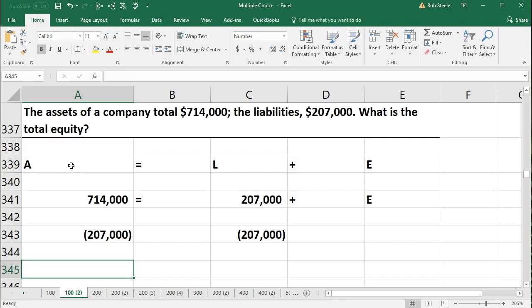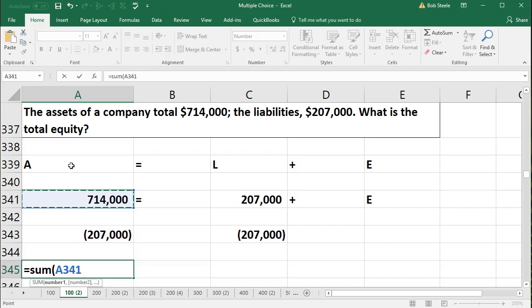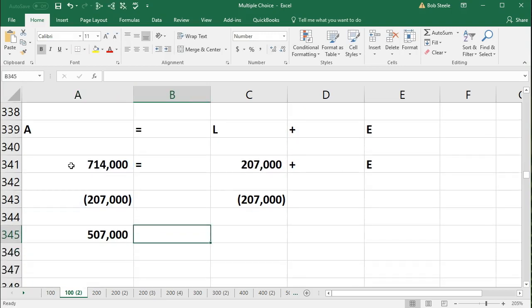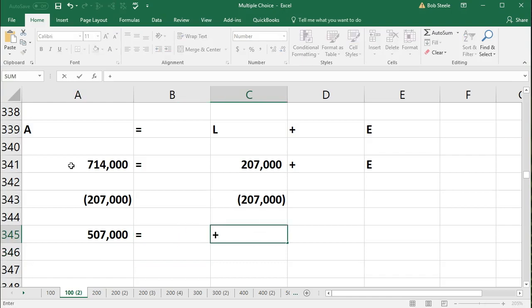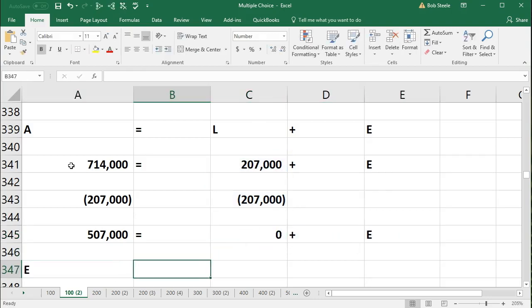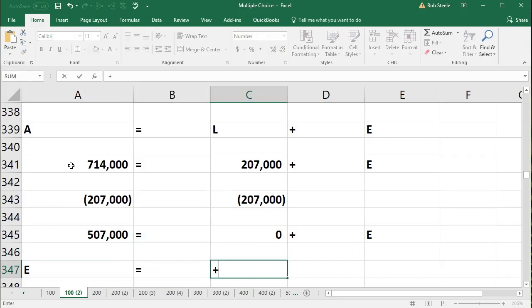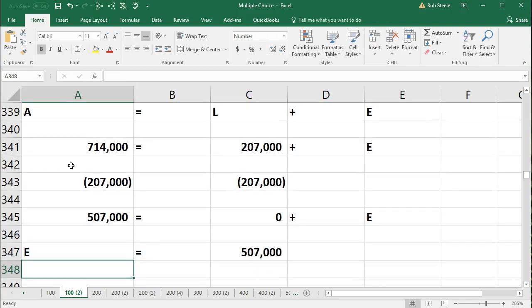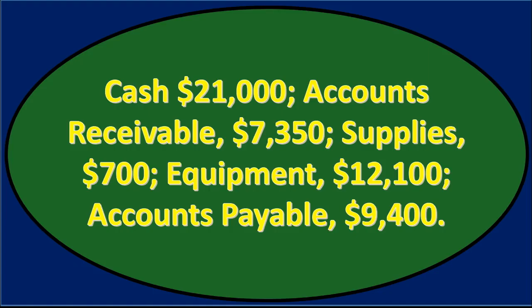If we do the math, then we're going to say that the 714,000 minus the 207,000 will equal 507. That should be equal to, if we do the math here, we have 207 minus 207, 0, plus equity. Therefore, equity is equal to this 507,000.